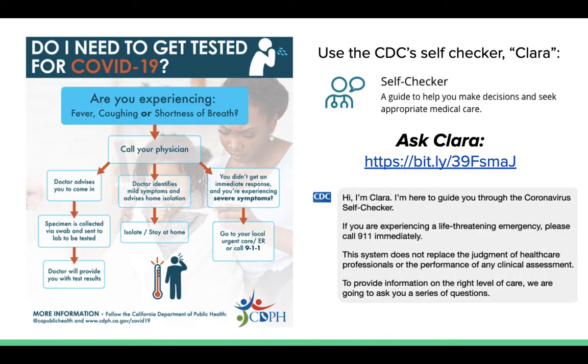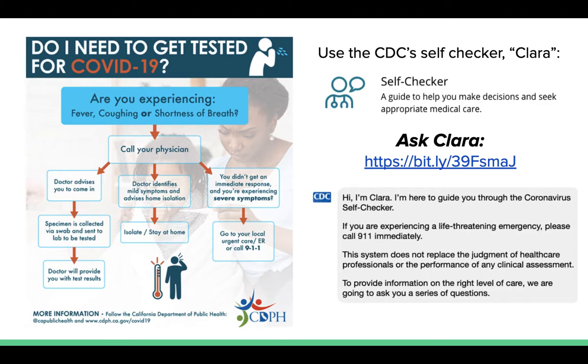Like I mentioned before, if you want some quick answers and guidance on whether this is something emergent or whether you can just stay at home, rest, and take preventative precautions, this is a really useful guide from the CDC's website. It's called Clara, and she is a self-checker.